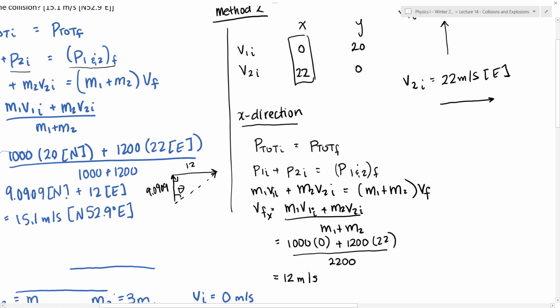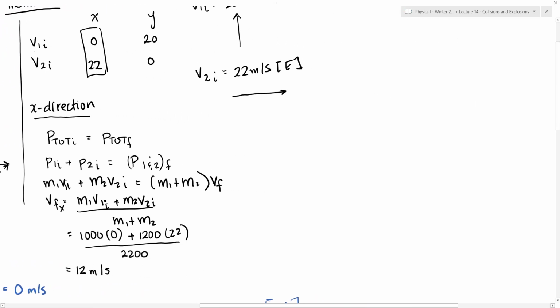Okay, so I can do the same thing now, but I'm going to look at the y direction. Now I don't really need to start all over. The formula is all the same, so everything on this side is all equivalent until I get to this where it would be V final in the y direction. Everything is still the same here, but I'm looking at the y components now.